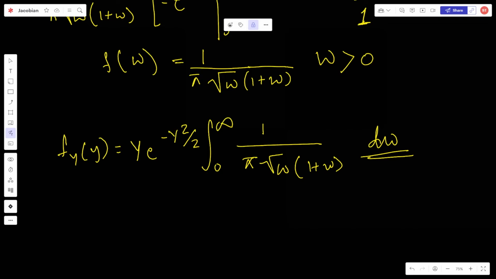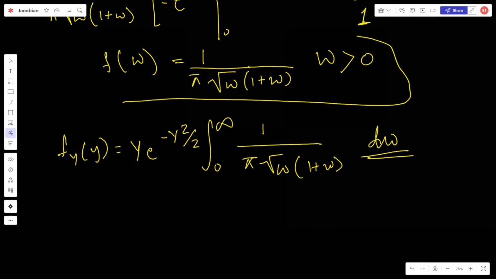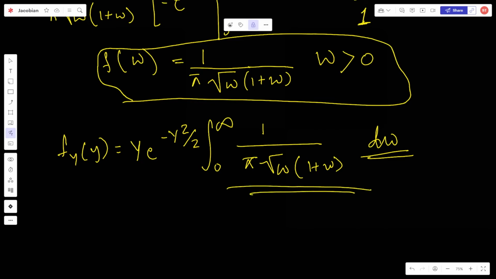One thing we can automatically notice is that we have already found out what the marginal for w is, and since this is the PDF of w, we know that this value is going to equal 1.